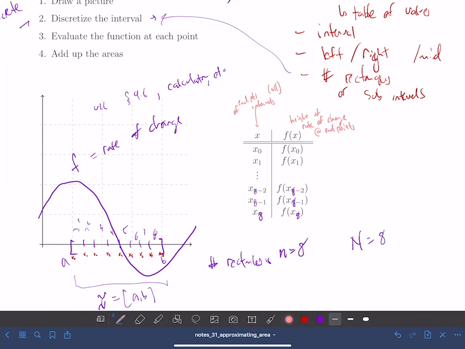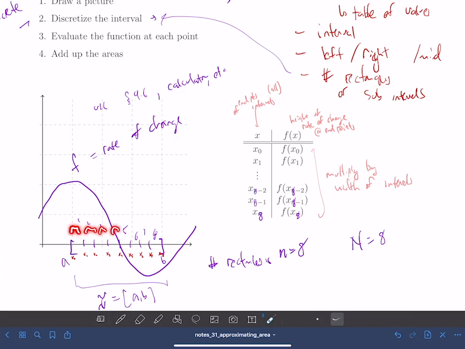I'm going to compute my areas. And so that's going to be to take each of these heights right here and multiply by the width of intervals. Okay, so that's the width of each of these small little pieces.